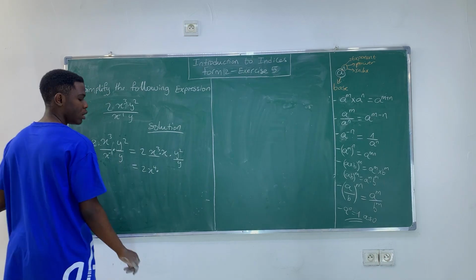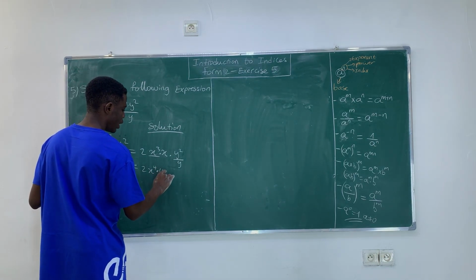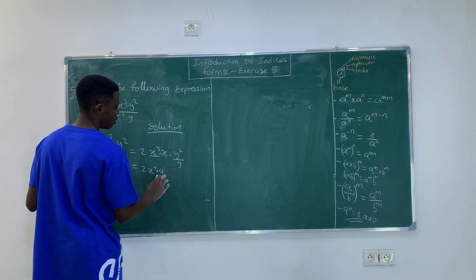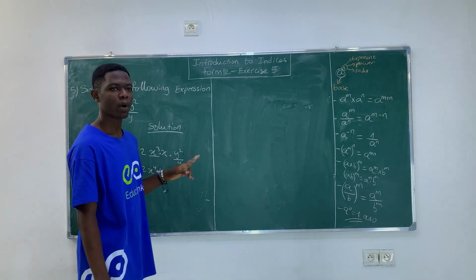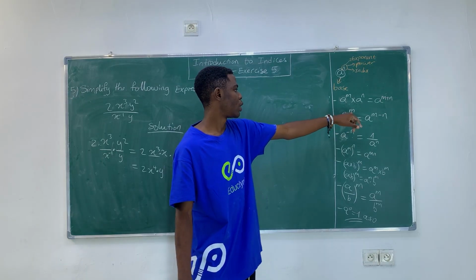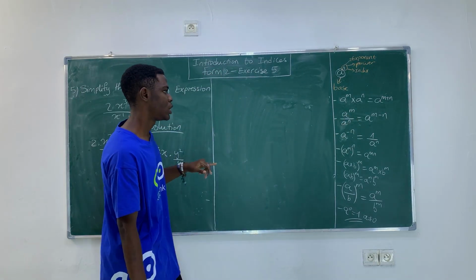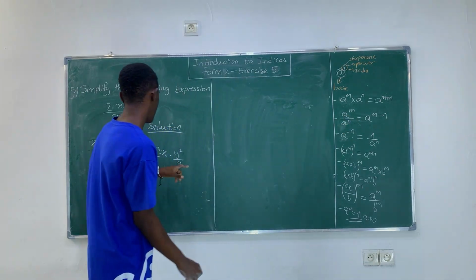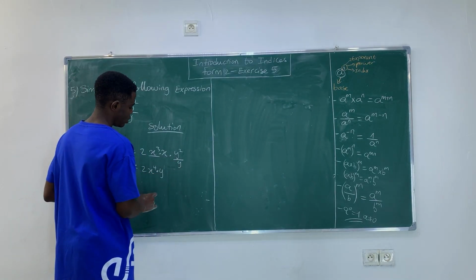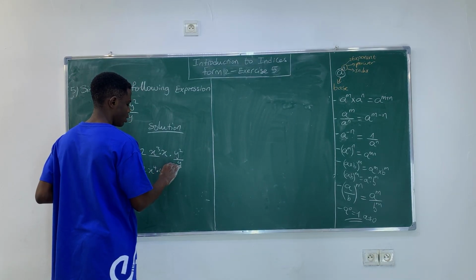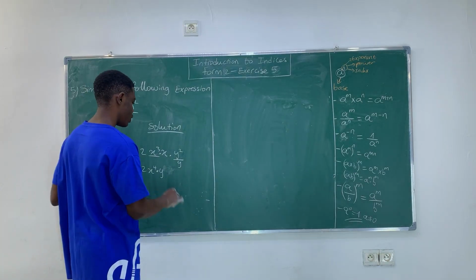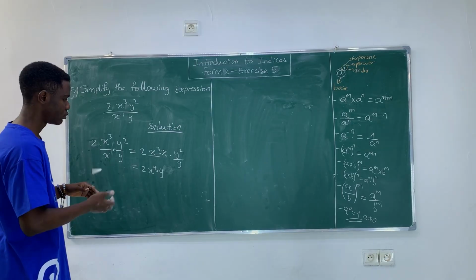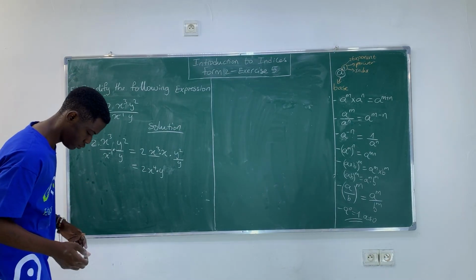We don't just repeat y to the power 1 or y. So y squared divided by y, if you use this, we have m is 2 and n is 1. You're going to have 2 minus 1 as the power. 2 minus 1 is 1. Anything raised to the power 1 is itself, so you can write that.